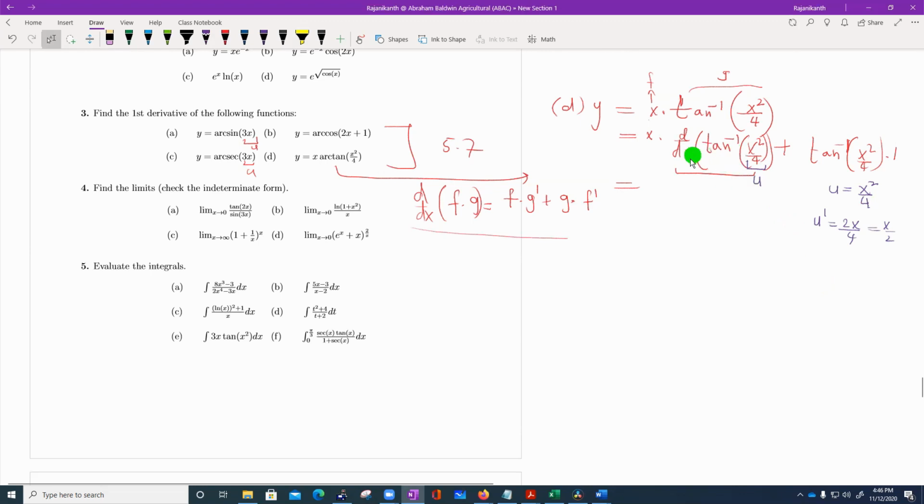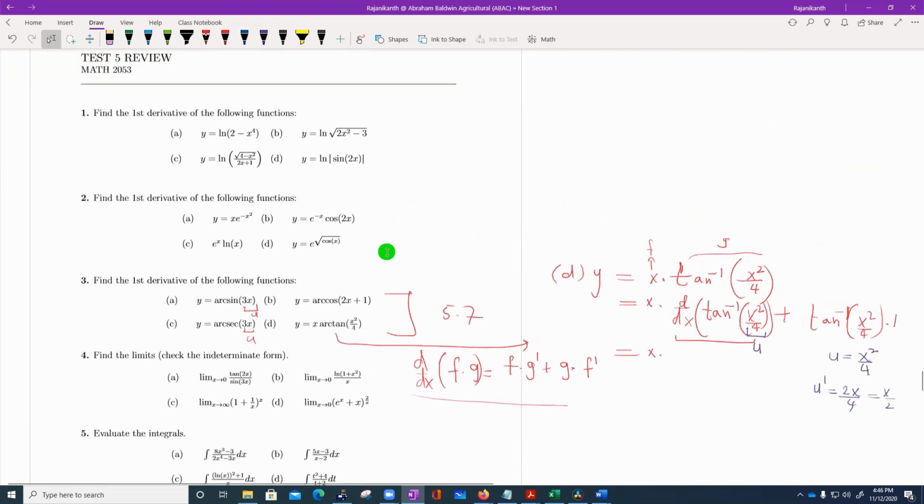Okay. So now I am finding the derivative of arctan u. Now I'm going to write the derivative of arctan. What was that? The derivative of arctan u.